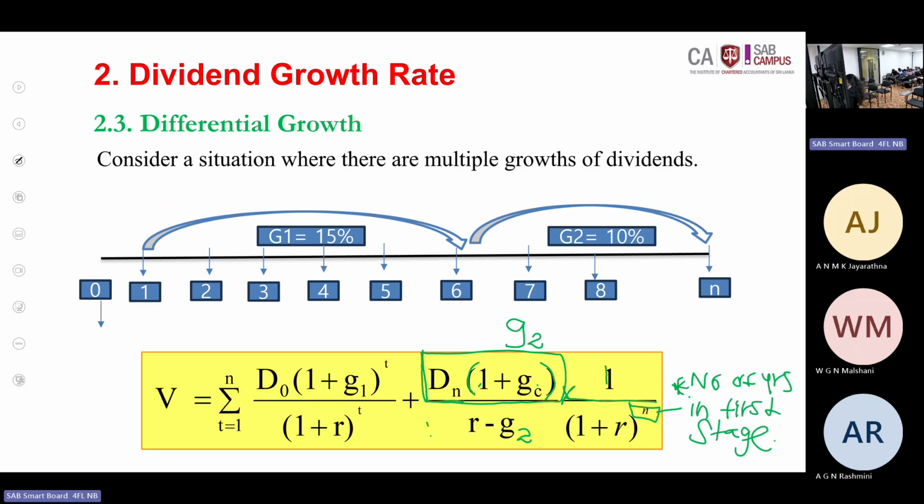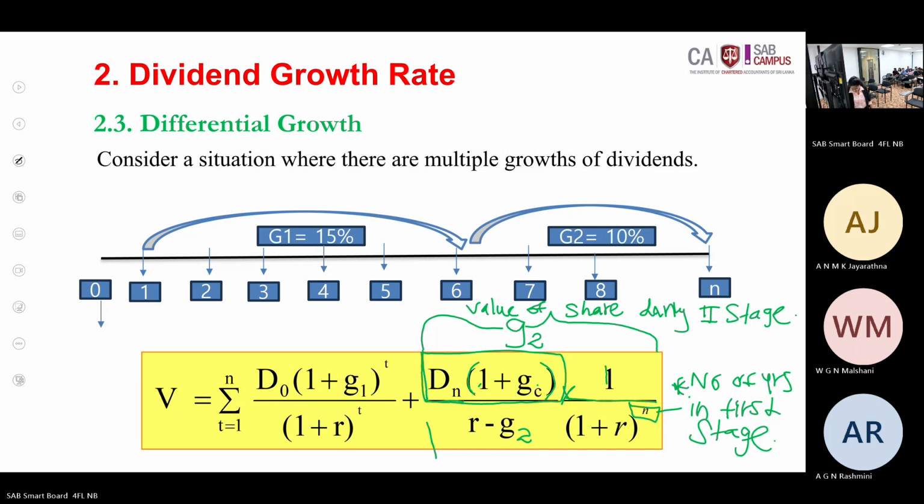This entire part, starting from here, reflects what? The value of the share during the second stage.